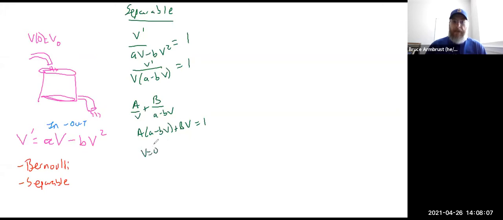If we let v equal 0, then big A is 1 over little a. If we let v equal a over b, then that term cancels, and that gives us that big B is equal to b over a.